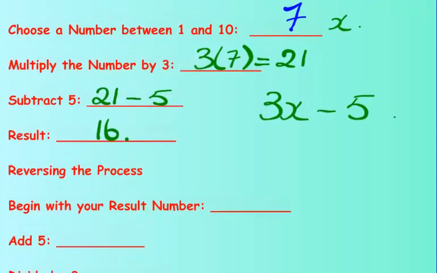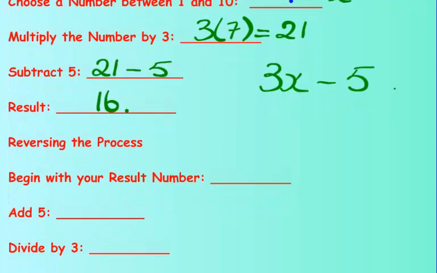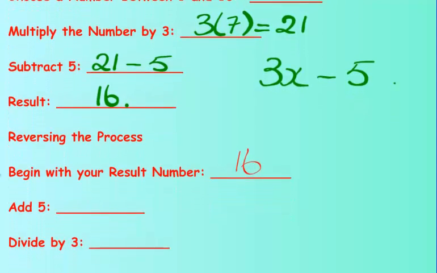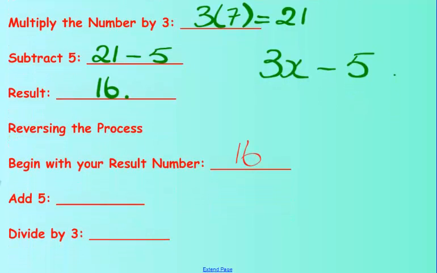Now, if we went through and reversed the process, so I want you to think here, in my case, our resultant number was 16. So if we start with that number, starting with 16, is there any way that we can get back to the number that we started, which was 7? Of course, what we're going to do is reverse the order of the operations, and use the inverse of the 2 operations up here.